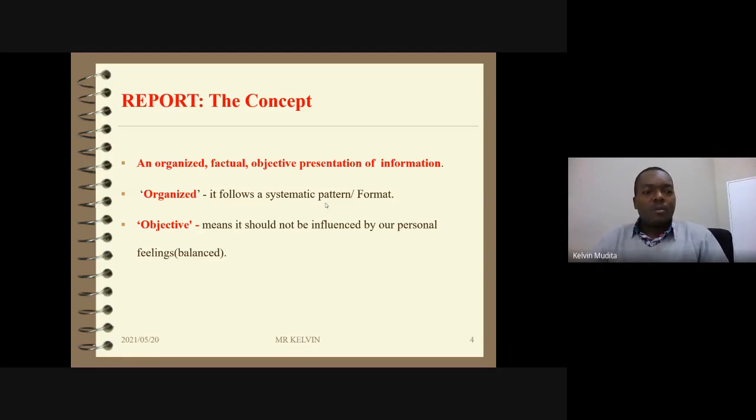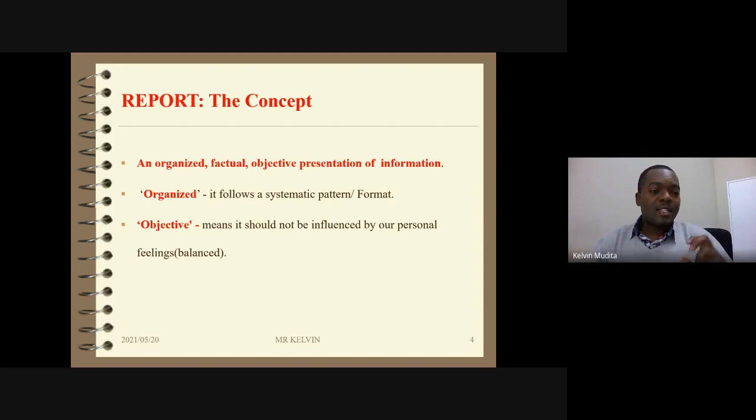So by organized, we mean that it should follow a specific format. You do not write a report the same way you write an essay. It should show that it is a report because it has a format.